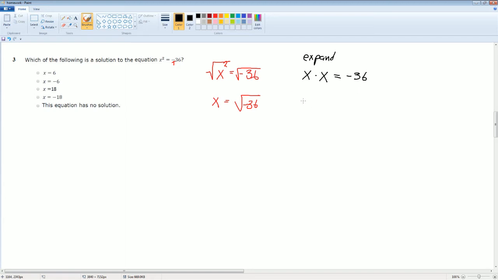So give me some options, okay? Let's say you're gonna try x equals 6. Let's see if that's right. 6 times 6 is what? 36. Is that correct? Nope, this doesn't work. All right. Let's see x equals negative 6. Negative 6 times negative 6 is equal to what? Positive 36. That's very interesting.